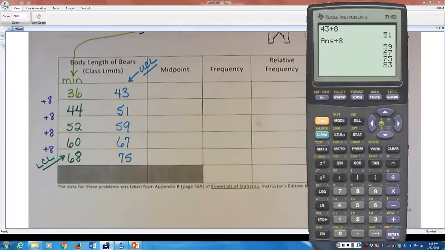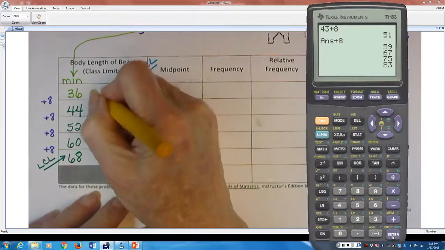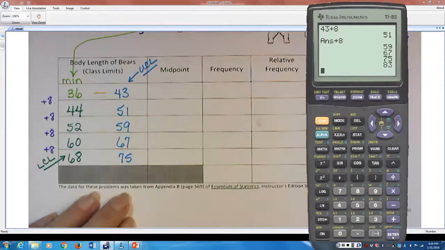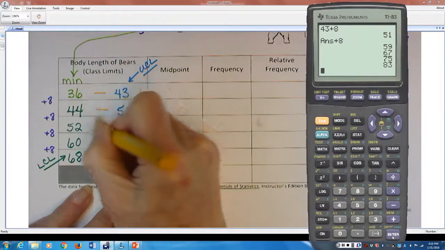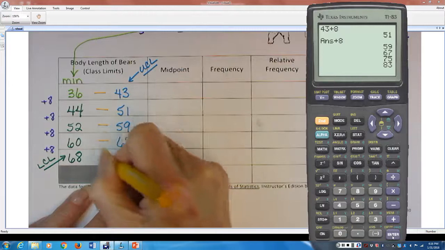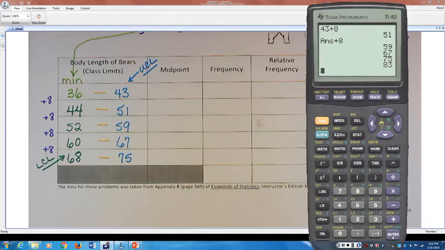And notice that all I had to do was take the answer plus 8 and just keep hitting enter, and every time I hit enter it adds 8 more. So there's all my upper class limits. And collectively, that's what gives me my class intervals. This is my class interval numbers from 36 to 43. So those are my intervals.